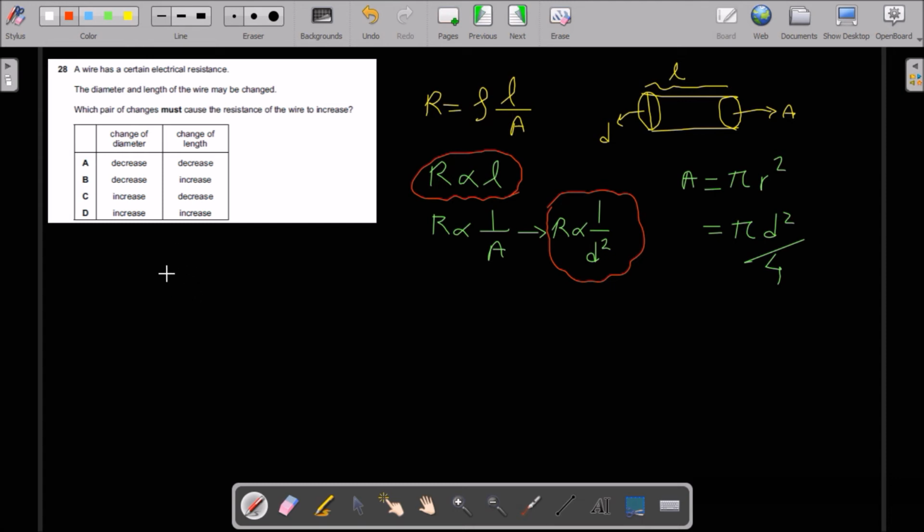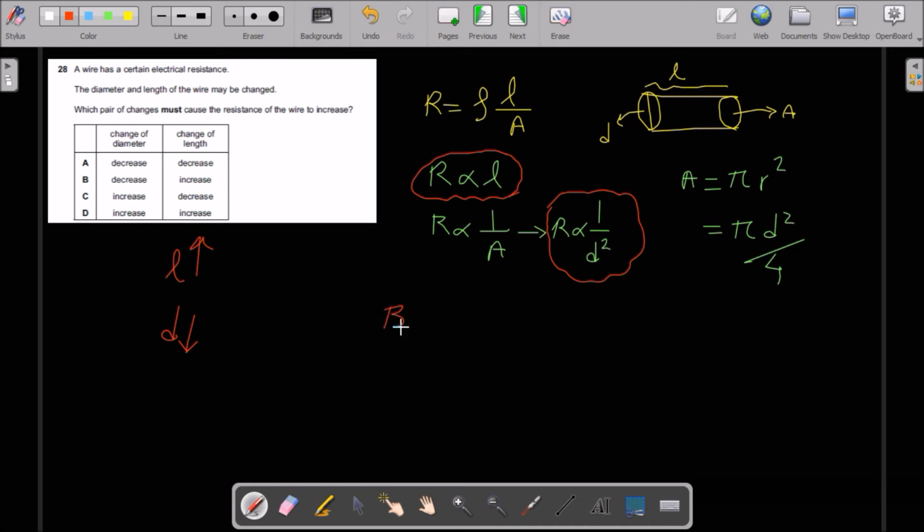The length of the wire must increase because it is directly proportional, and the diameter must decrease because it is inversely proportional to resistance. That's why the diameter will decrease and the length must increase to increase resistance.